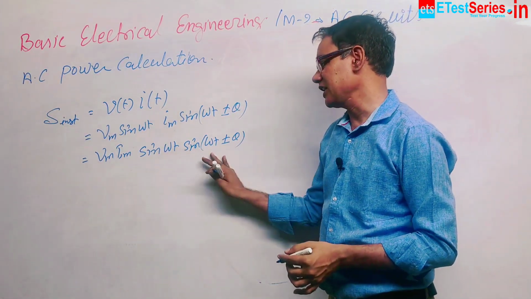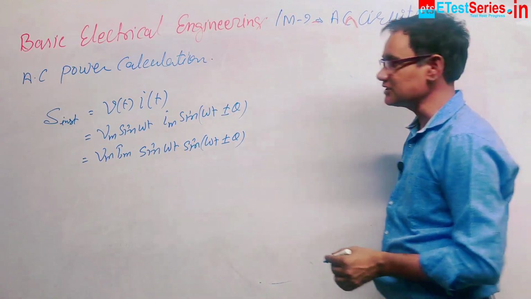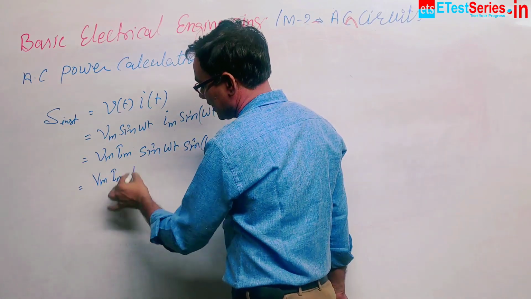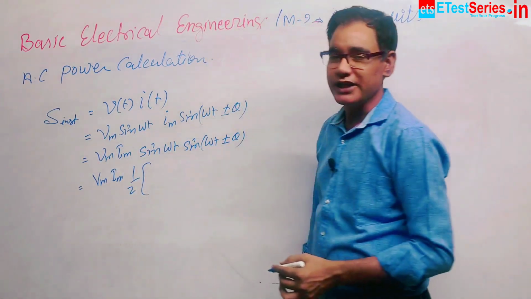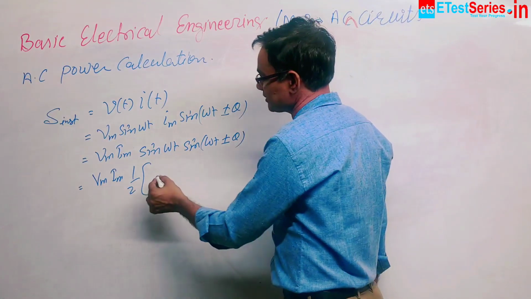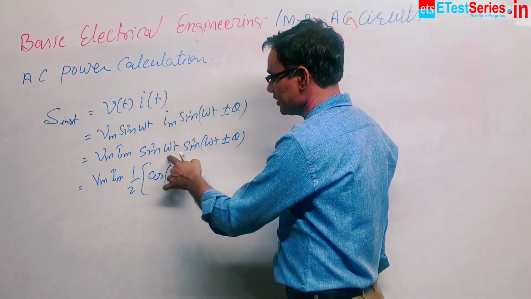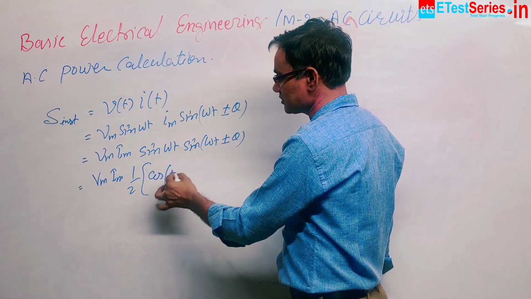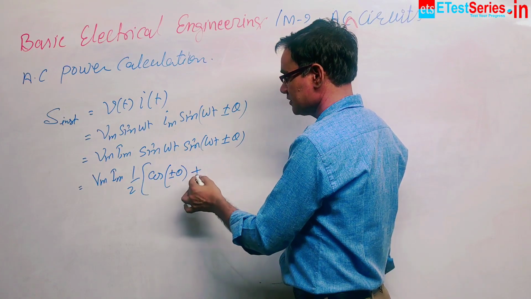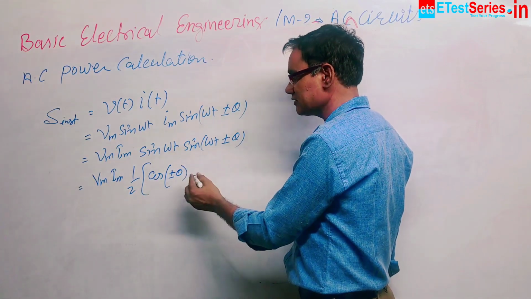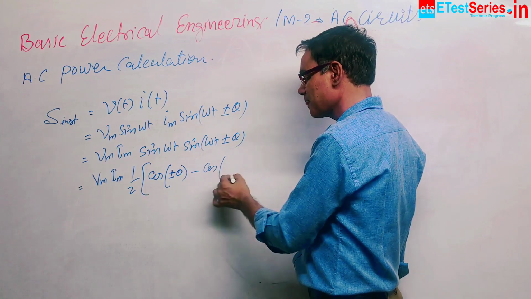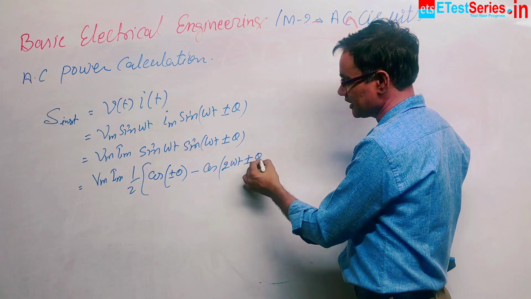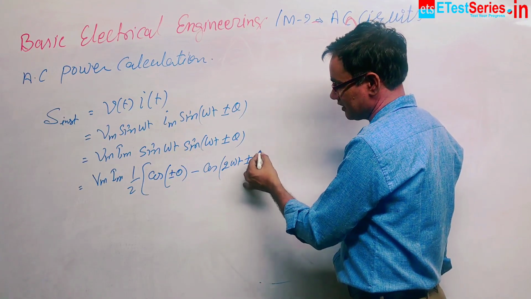So this is sin A sin B. We know the formula of sin A sin B, that is equal to Vm Im into 1 upon 2 of cos A minus B minus cos A plus B. Omega gets cancelled out in A minus B, so it is cos of plus minus theta, minus cos of 2 omega t plus minus theta, or minus plus theta.